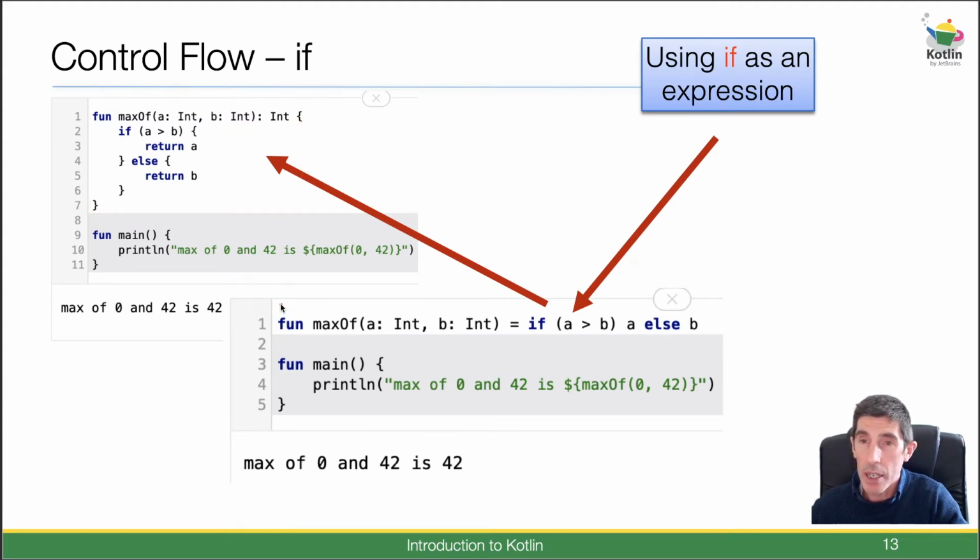Here's our function, max of with our a and b, is assigned the if statement. So if a is greater than b, a, else b. Again, a nice little reduction there, but it still results in the same thing getting returned, whether it's a or whether it's b.